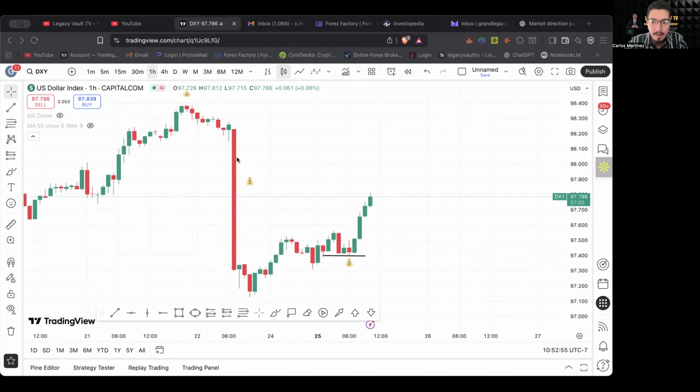The institutions came in to enter this sell order, pushing price down, creating an imbalance. And now these traders are exiting their trades because buyers are taking over the market. They're in control and pushing price up to liquidate, to take out the sellers from the market.